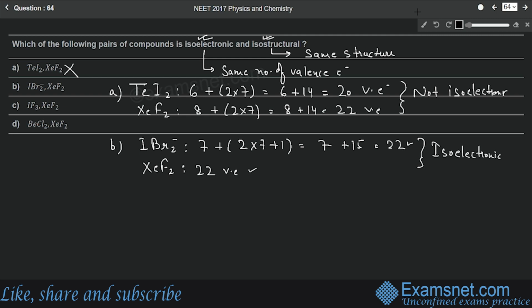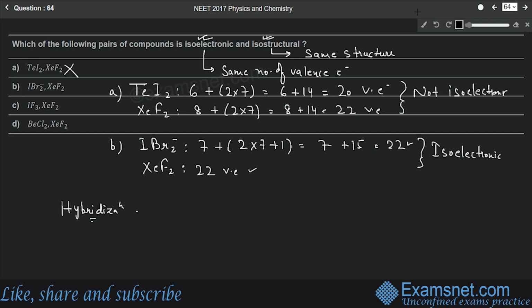Now we'll check whether they have the same structure, that is whether they are isostructural or not. So let's check. We know that to find the structure, we should know the hybridization. And how do we find the hybridization?